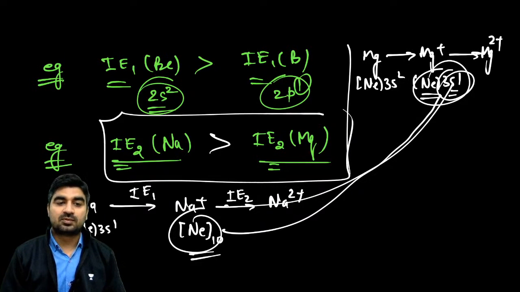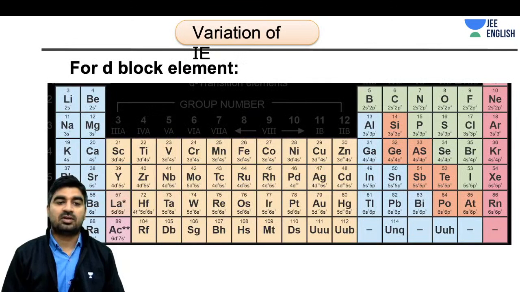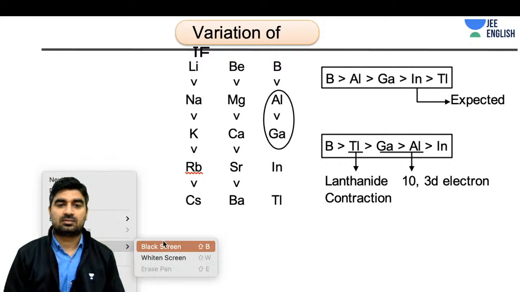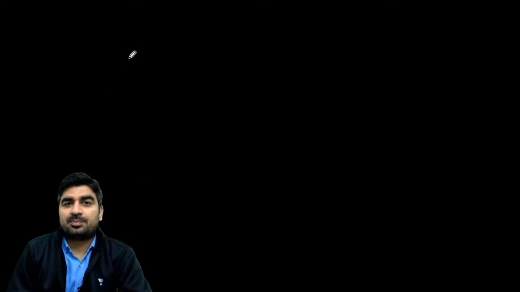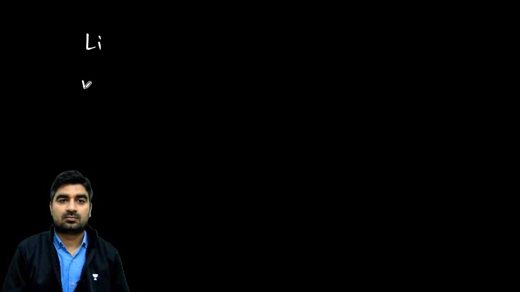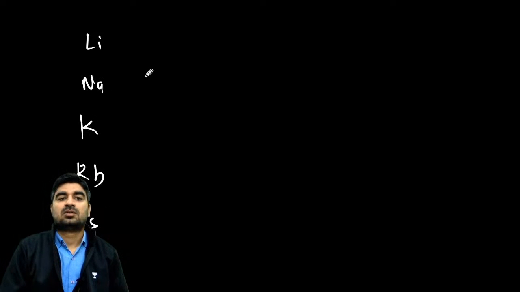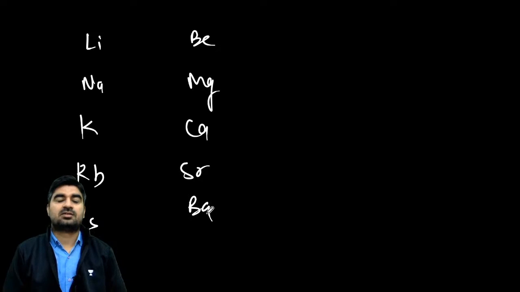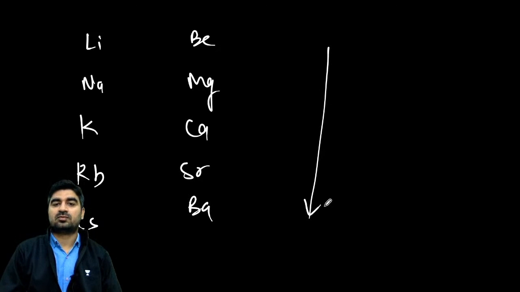So now let's move. And similarly, if I talk about the ionization energy in a group, can you tell me the periodicity of ionization energy in a group? Down the group, what will happen as we move down the group?